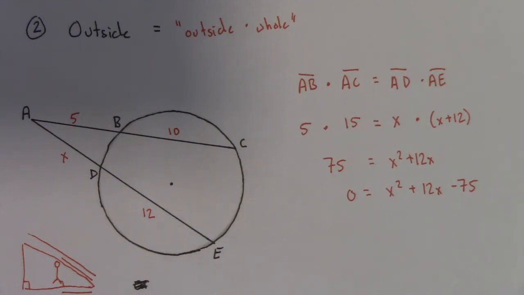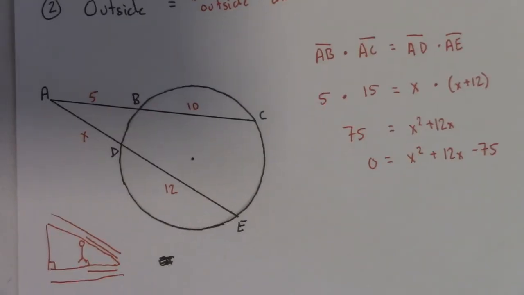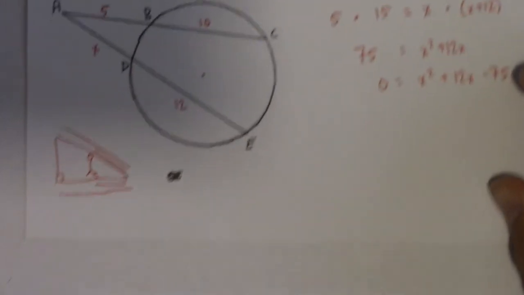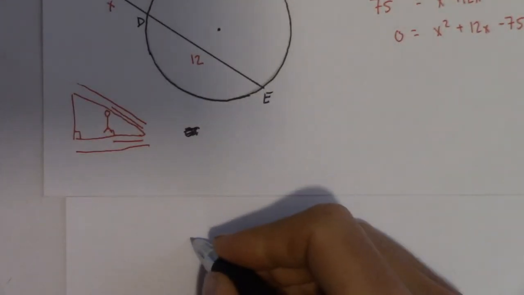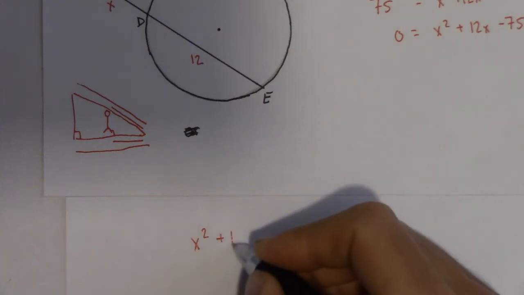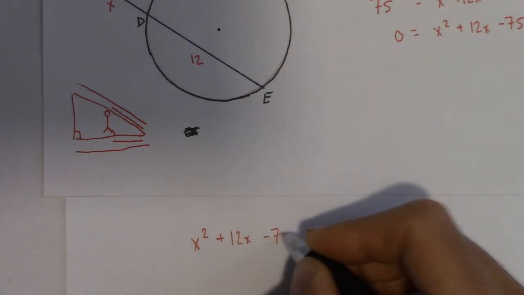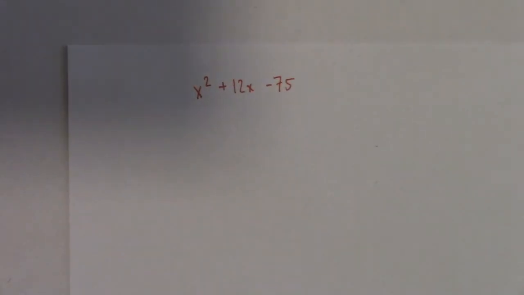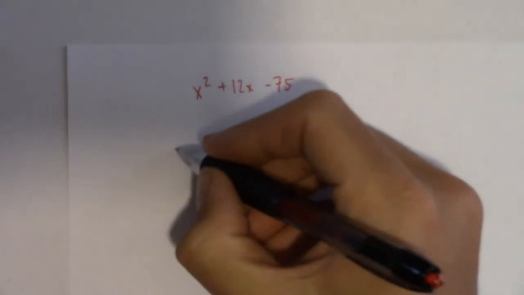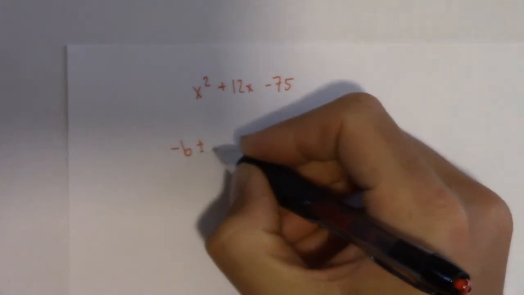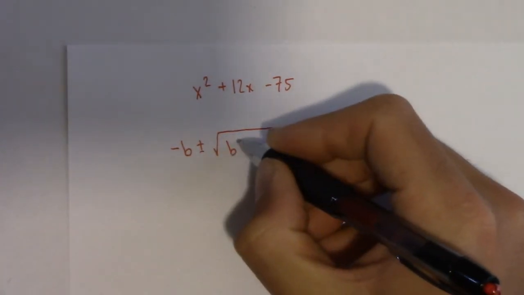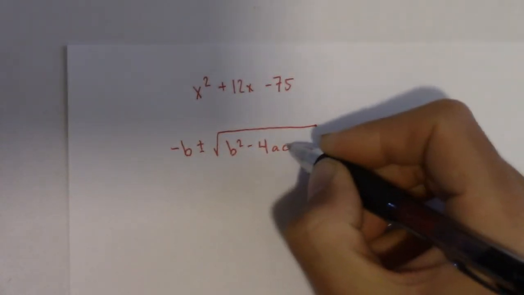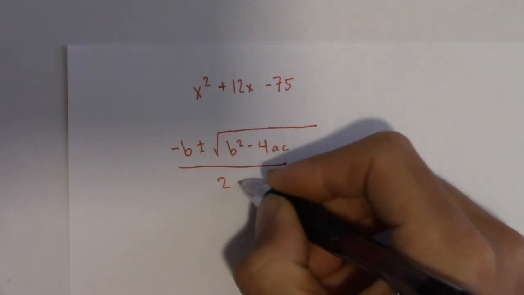I'm going to go ahead and highlight using quadratic formula because that is a skill you need for this test, but you may use completing the square and that is valid. So I'm going to come over here and I've got X squared plus 12X minus 75. So I'm going to go to a new piece of paper, and I know that quadratic formula is opposite of b plus or minus square root b squared minus 4ac all over 2a.